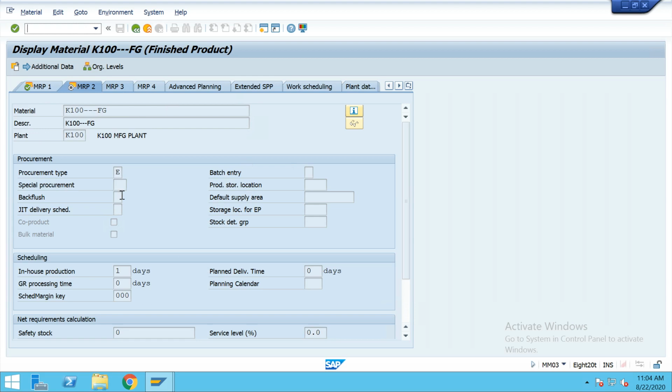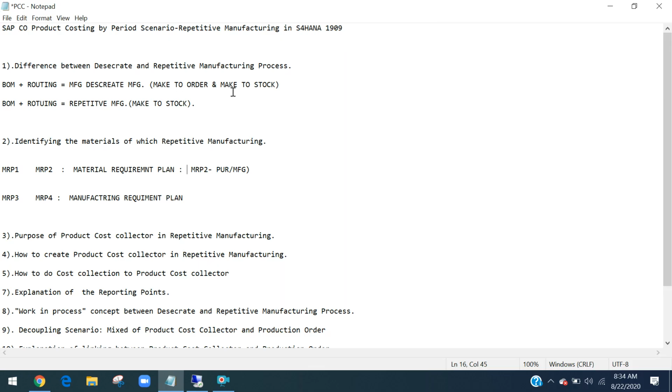How is the system going to search? First, how is the system going to identify what type of process this material requires? Through debugging of the MM01 screen, I identified the system is going to check MRP2 first.